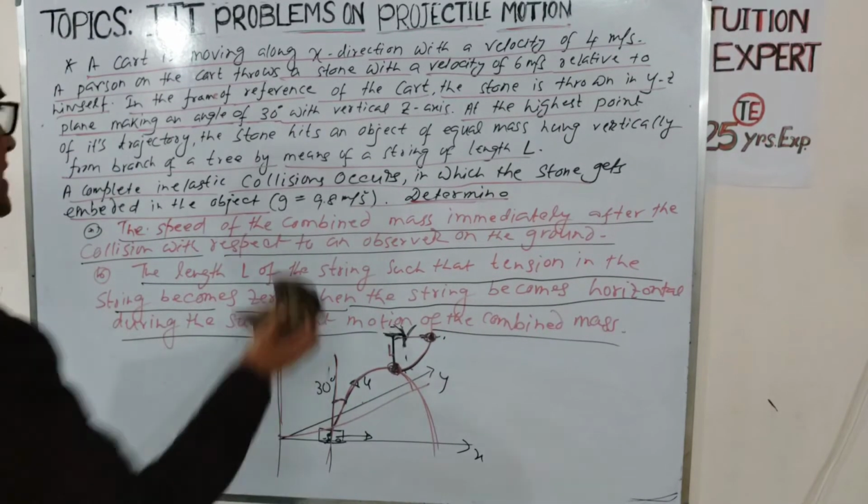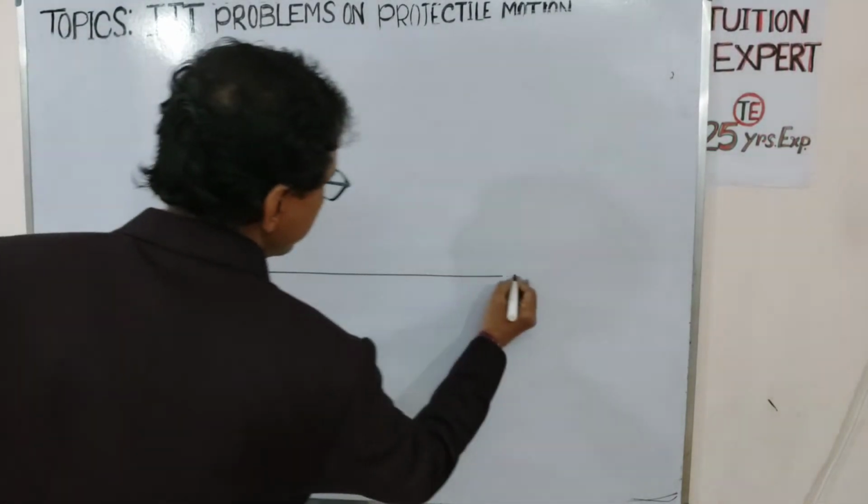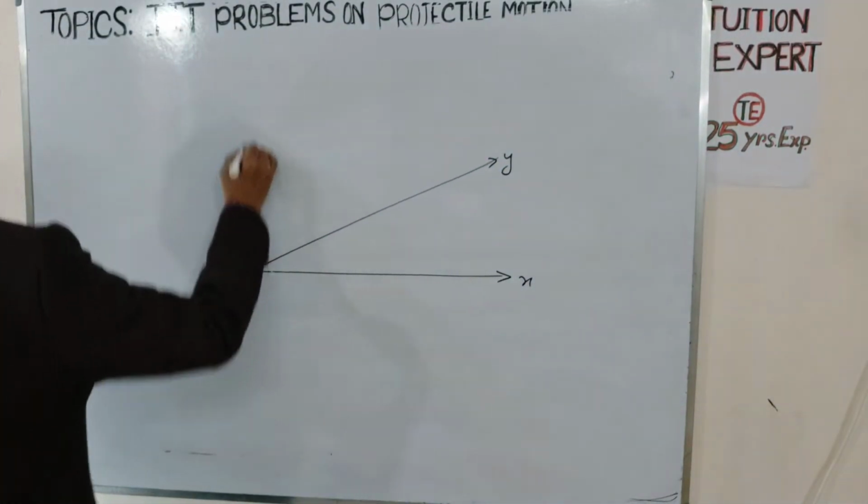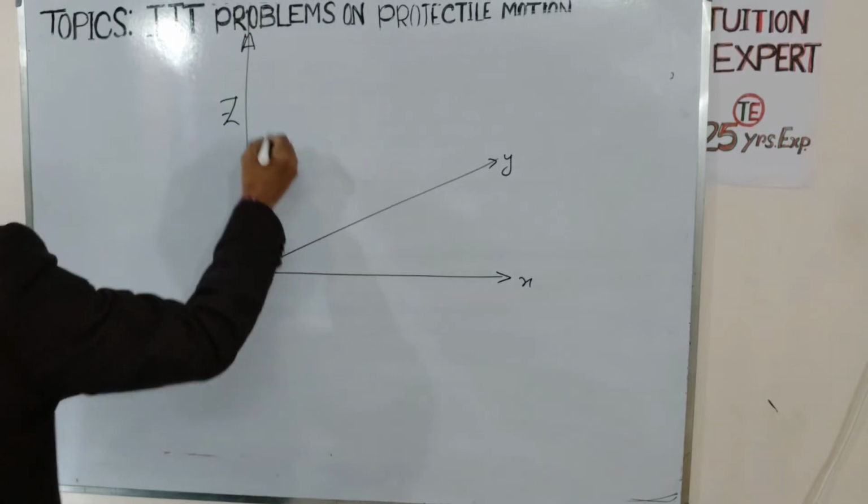I draw the picture once again. This is the x-axis, this is the y-axis, and this becomes the z-axis. And this is the yz plane.